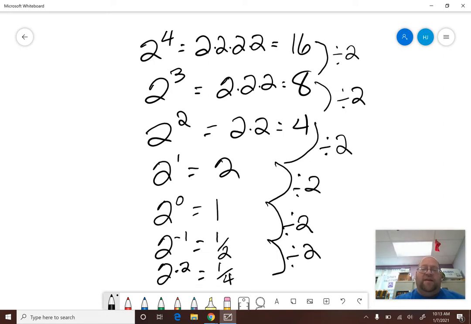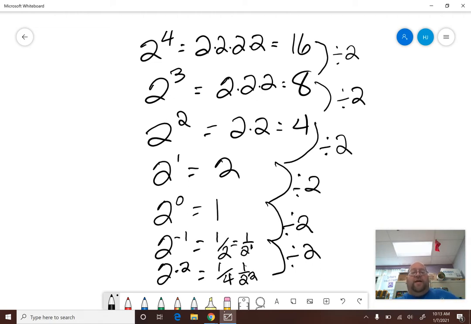What I want you to think about is I could also write this as 1/2 to the first power, right? Because 2 to the first power is in fact 2. Watch this. I could also write this one as 1/2 to the second power, because 2 to the second power is in fact 1/4. So what I want you to kind of recognize a pattern, okay?